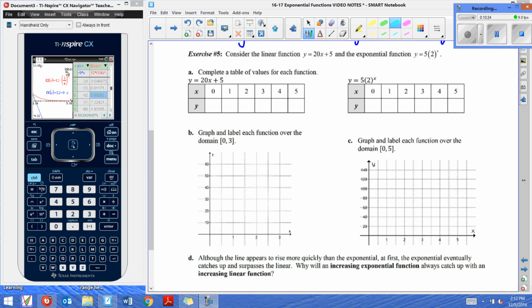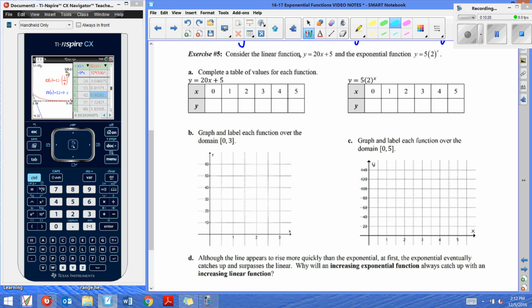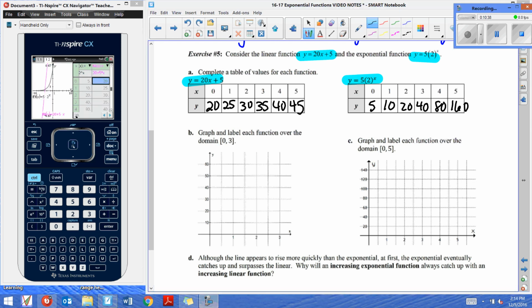Okay, exercise 5. We are considering the linear and exponential functions given right here. You know the drill. Go ahead, fill out the table of values. Pause the video, I'll do the same and fill them in so you can compare. Okay, check your tables of values and see if yours match up with mine. All right, moving on.